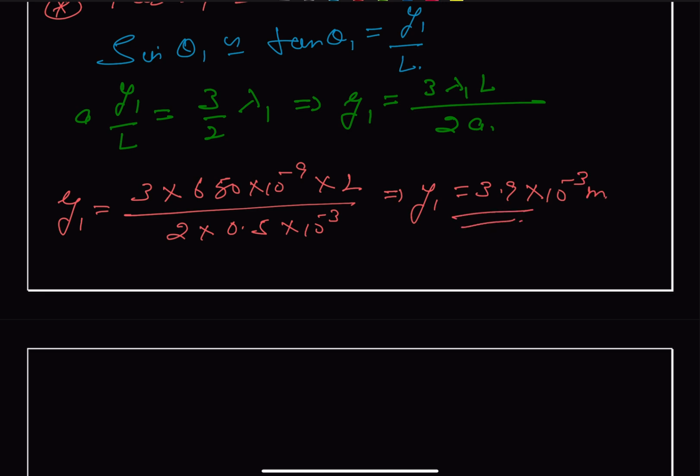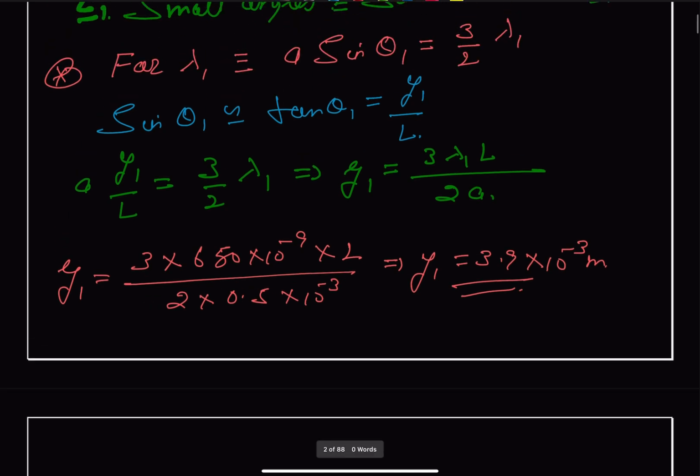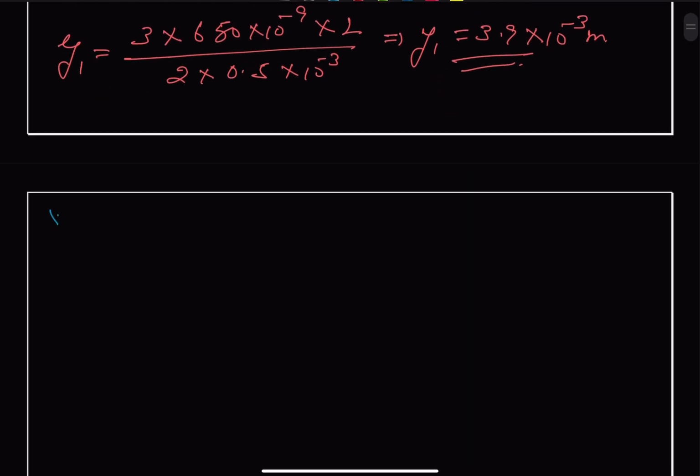Similarly, we solve for lambda 2. For lambda 2, once again we can write y2 will be equal to 3 times lambda 2 L upon 2a.